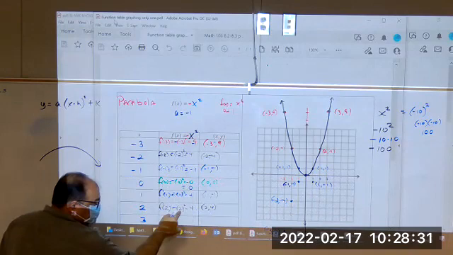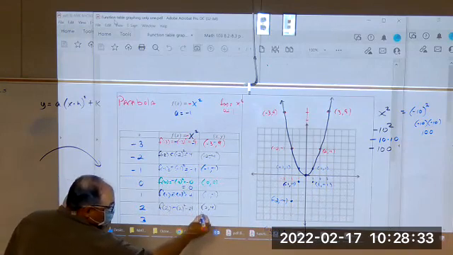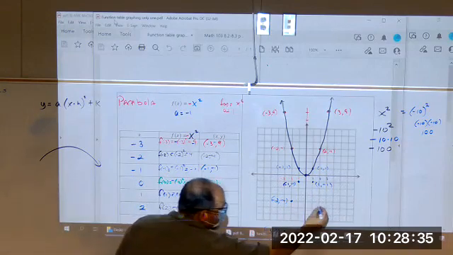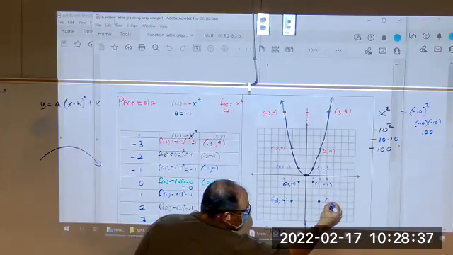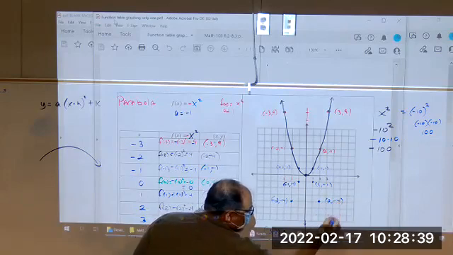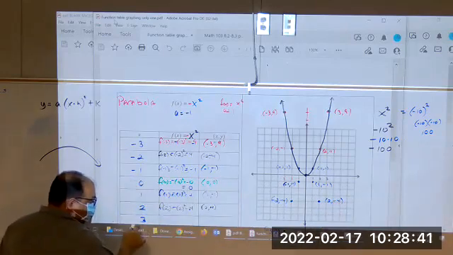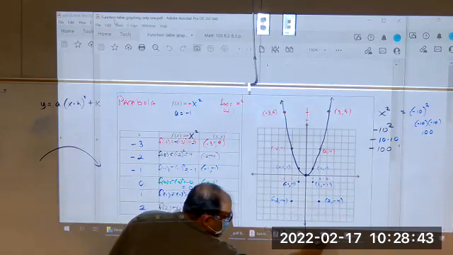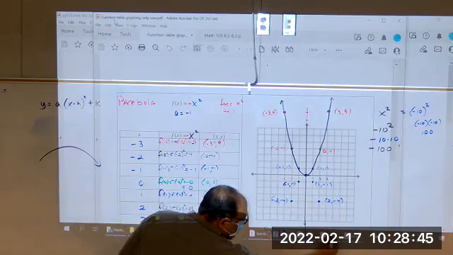Plug in positive 2, there's a negative in front, so we end up with negative 4. And if we plug in 3, symmetry would be down here, negative 9.